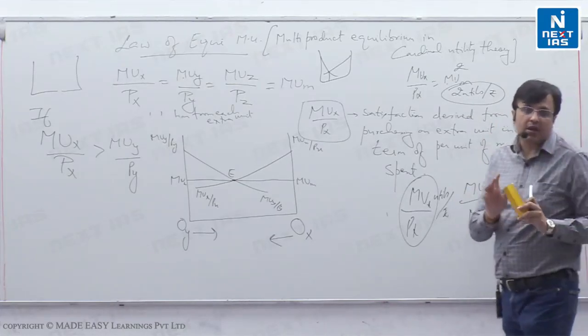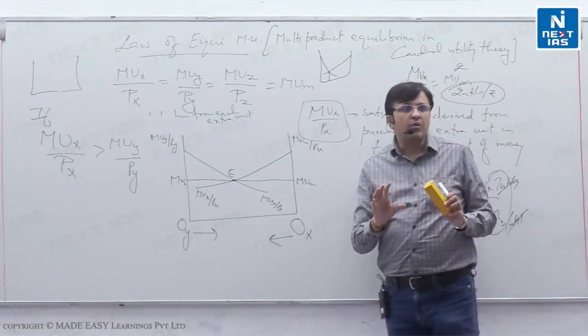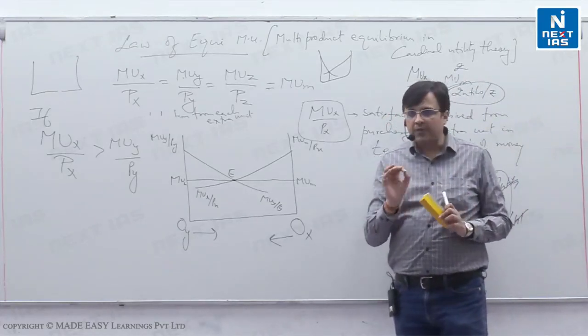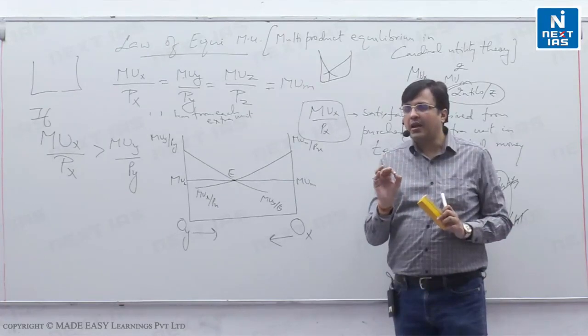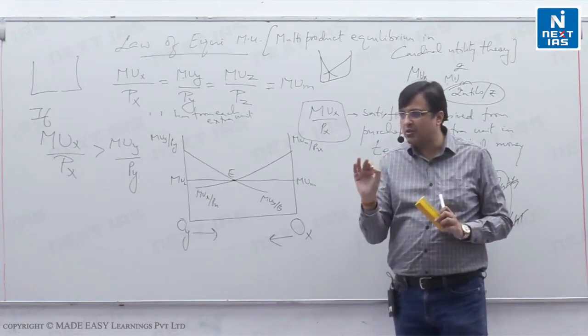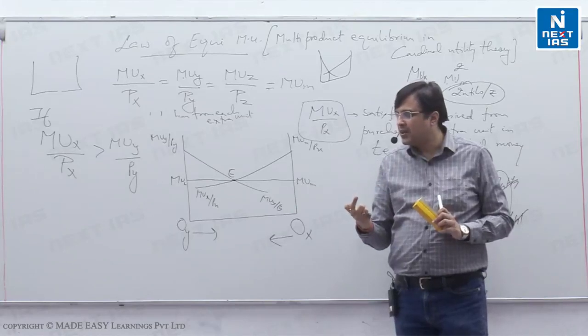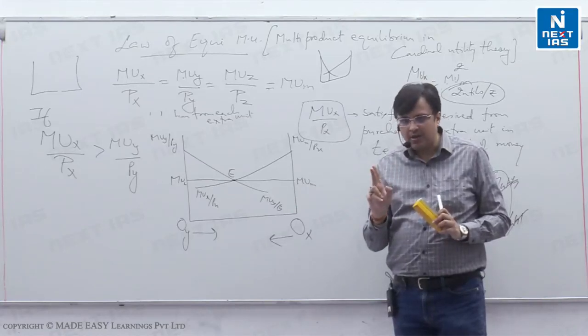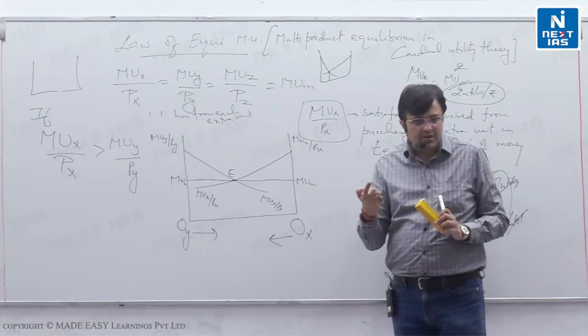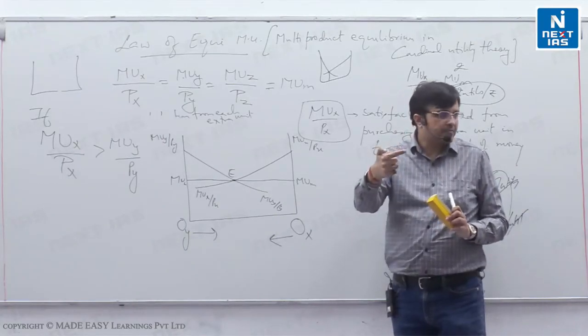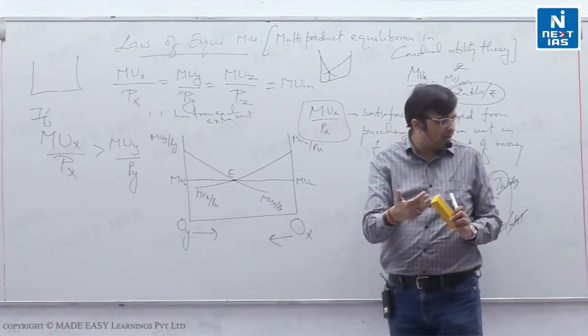So now what I made you write is that the law of equimarginal utility says that, first of all, utility derived from an extra unit consumed for the money paid for it is equal for all the commodities. Utility derived from an extra unit per rupee paid is equal for each commodity.